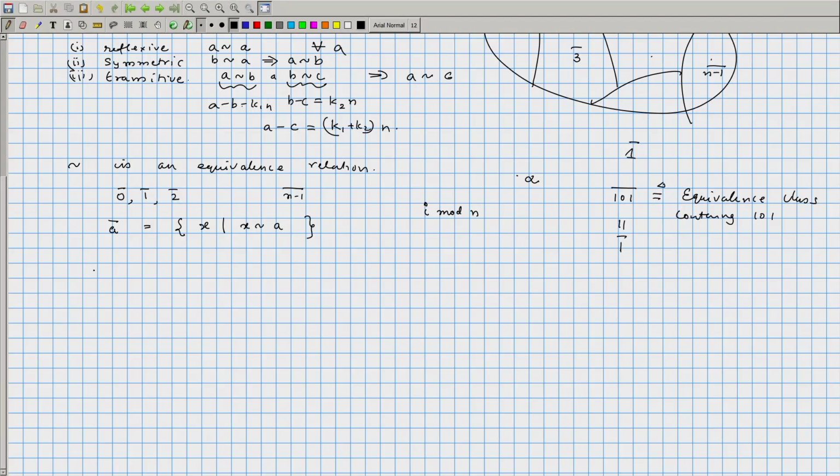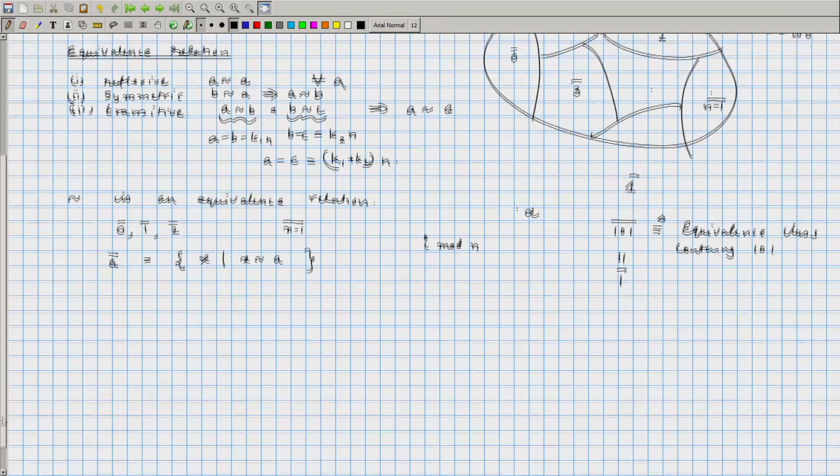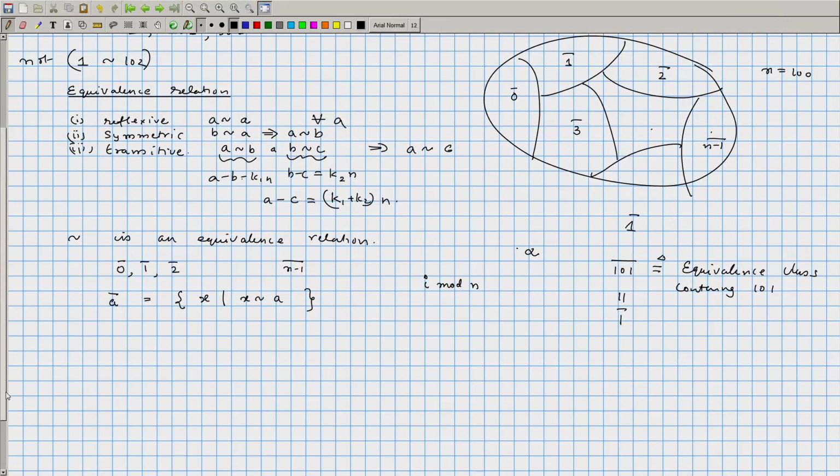Okay, so suppose I want to multiply two equivalence classes, does it make sense? For example, what is going to be 1 bar into 3 bar? I could define this to be, let us say, 15 bar into 13 bar, I could define that as 15 into 13 the whole bar.